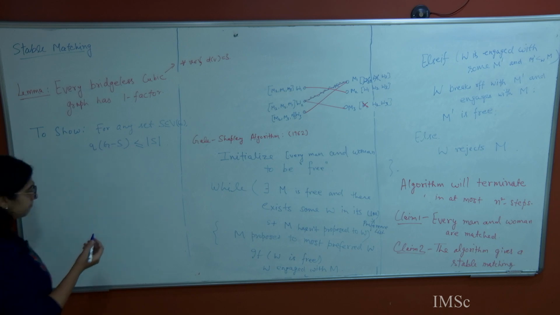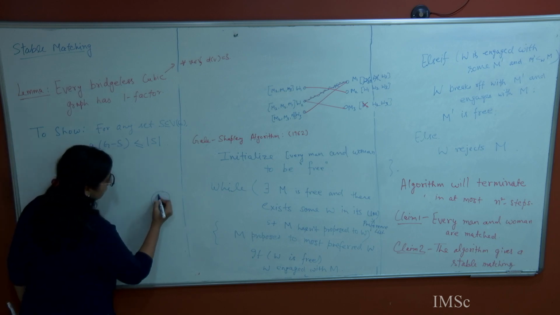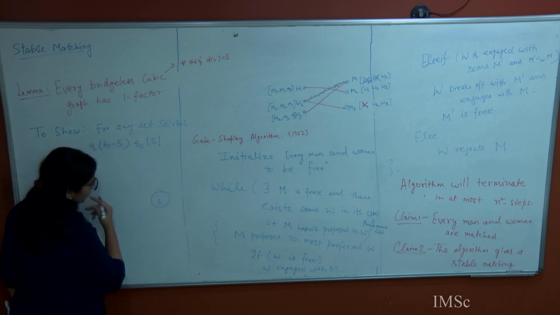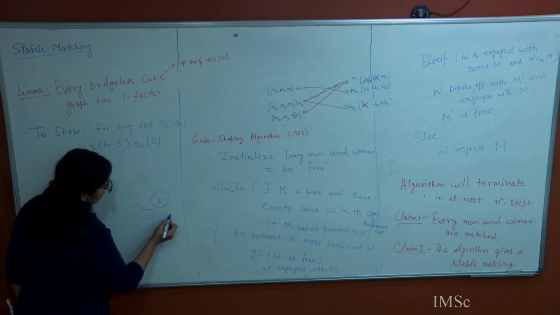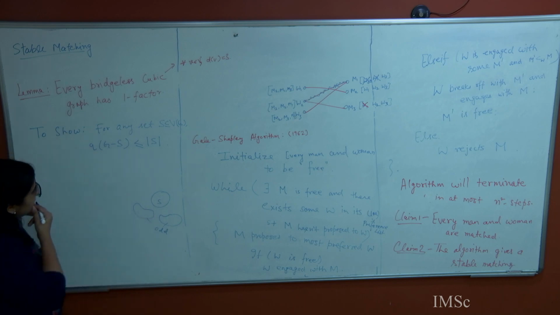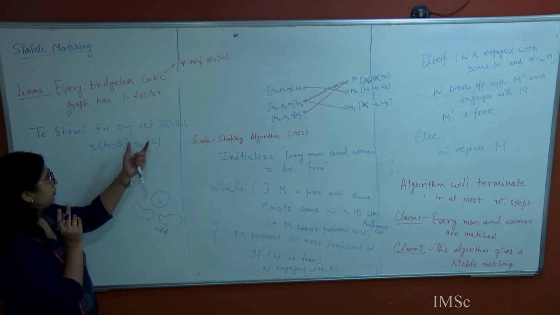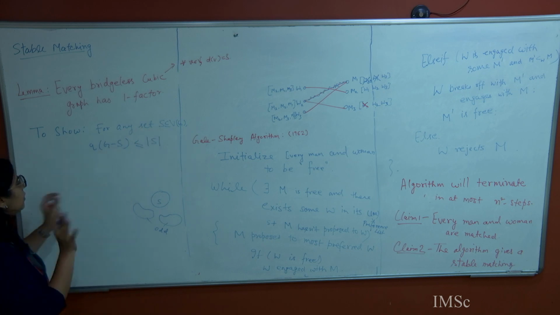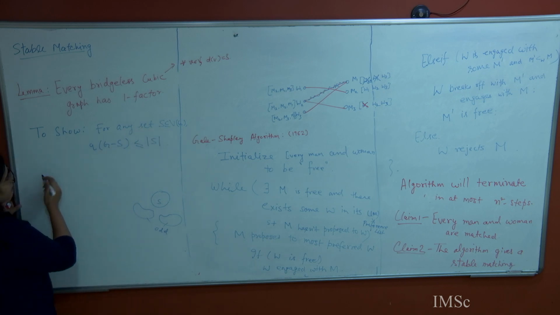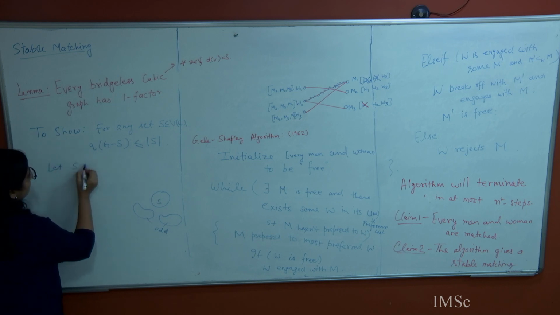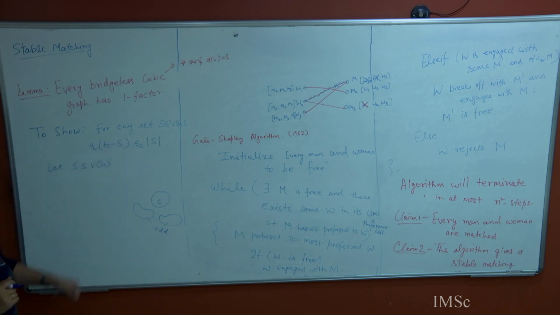This is my S, these are my odd components, and I want to check this number, that for any set this holds. So we will start with any subset of V(G), and for this we will try to prove this condition.